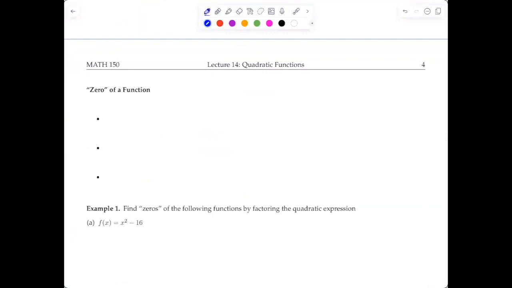A zero of a function is an input value or x value such that f of x equal to 0.